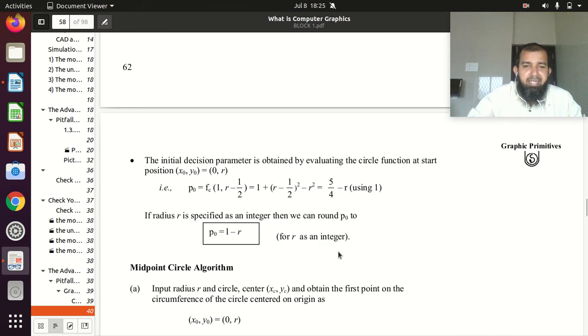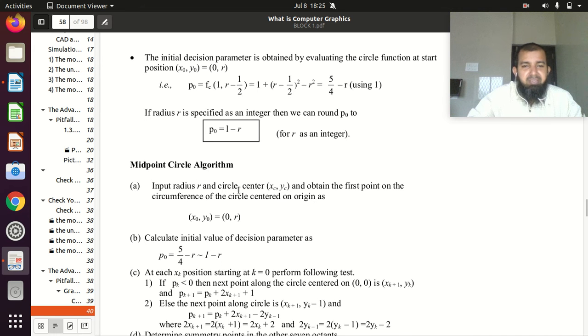First we study the algorithm, then we take an example. The initial decision parameter is obtained by evaluating the circle function at the start position (x0, y0), that is (0, r). x0 is 0 and y0 is r, you know the radius.